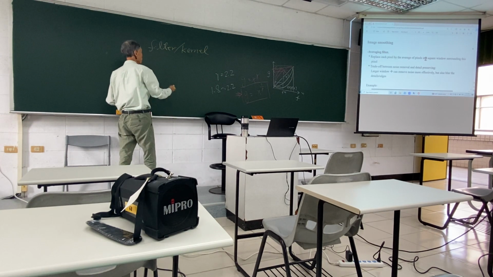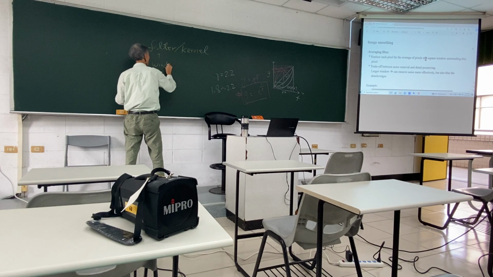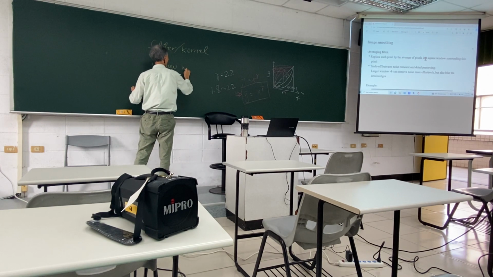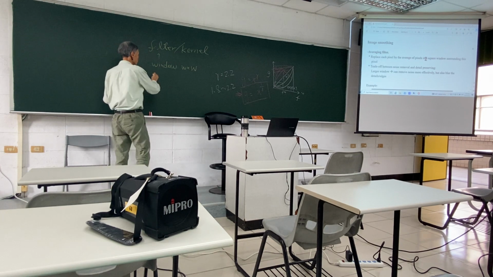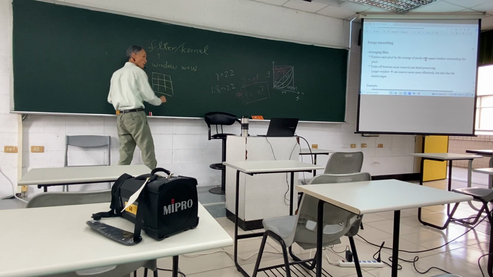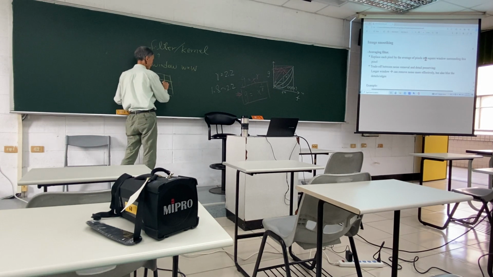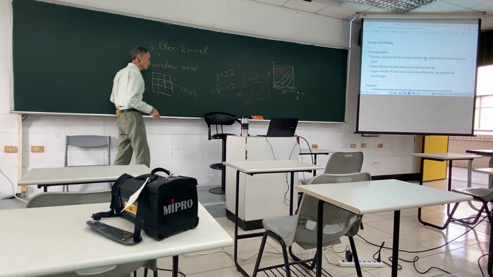A filter is a window of size W by W. For example, the window can be 3 by 3, and the window center has the coordinate of the origin.